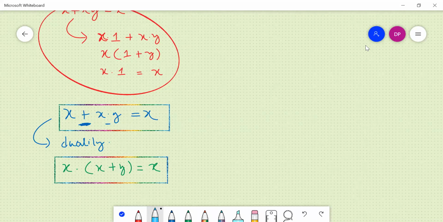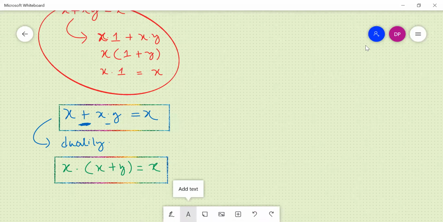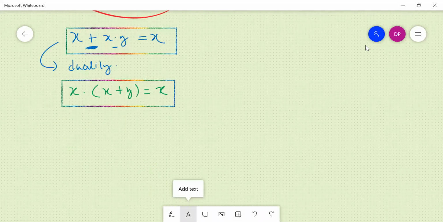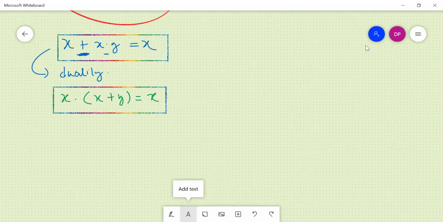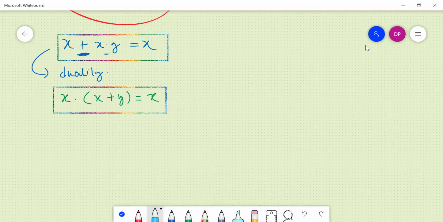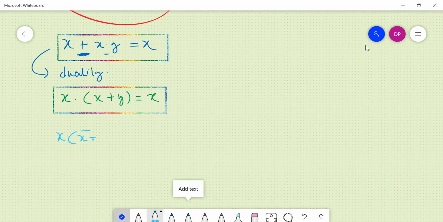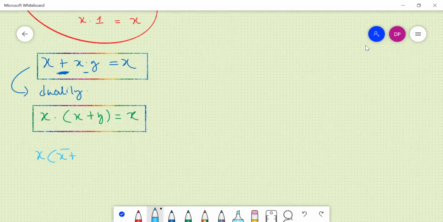Next, another one. See this. We will write x and with x complement or y.